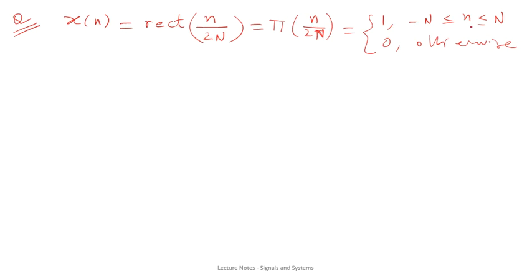Okay, so the question is to find the convolution sum of a rectangle signal x[n] with itself.